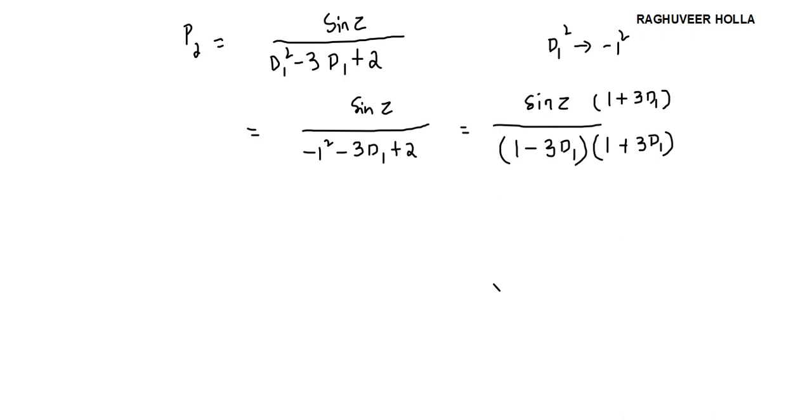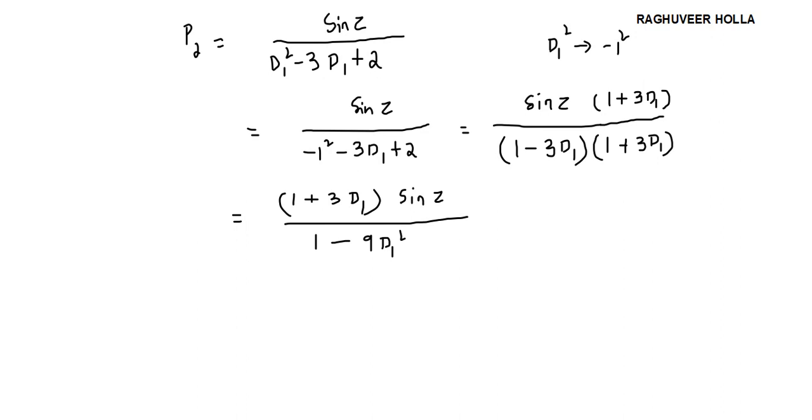Okay, so on that, in the numerator, what I had is 1 plus 3 d1 multiplied with sine z, and in the denominator this would be 1 minus 9 d1 square. Again let us put d1 square as minus 1 square. So in the denominator I'll have 10, giving 1 by 10.